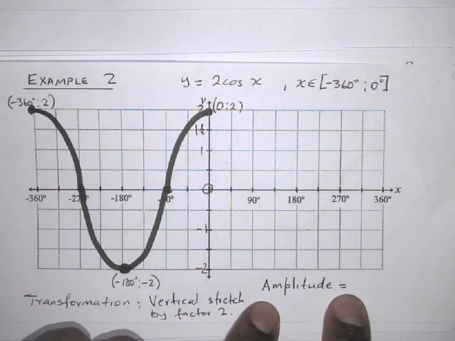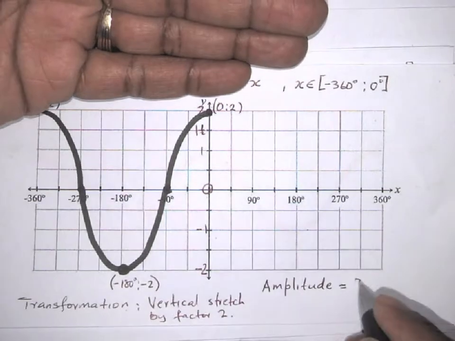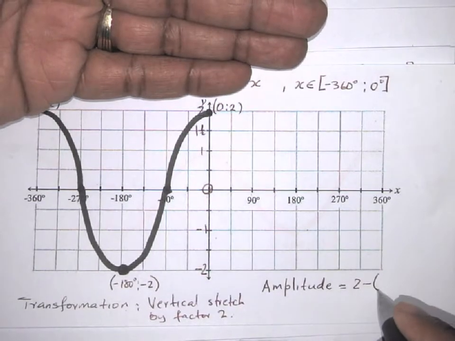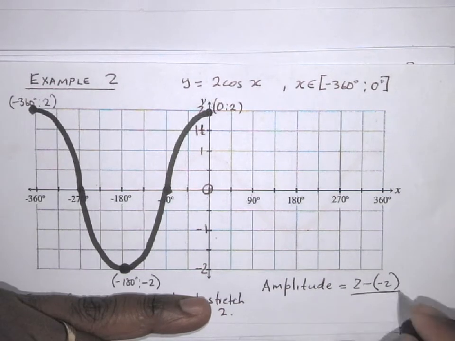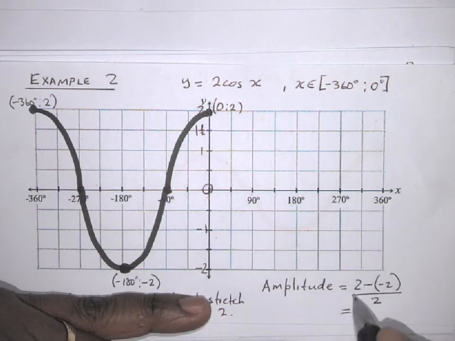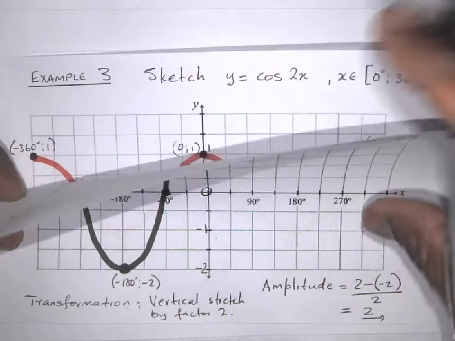What about the amplitude? Remember, to work out the amplitude, you take the highest y value in the graph, which is 2. You subtract the bottom y value, which is minus 2, and then you divide by 2. And your answer will be 2 minus minus 2, which is 4, divided by 2, the answer is 2. Let's look at another example.